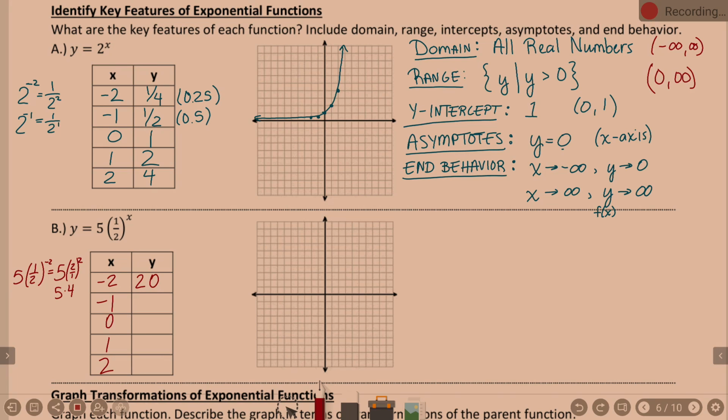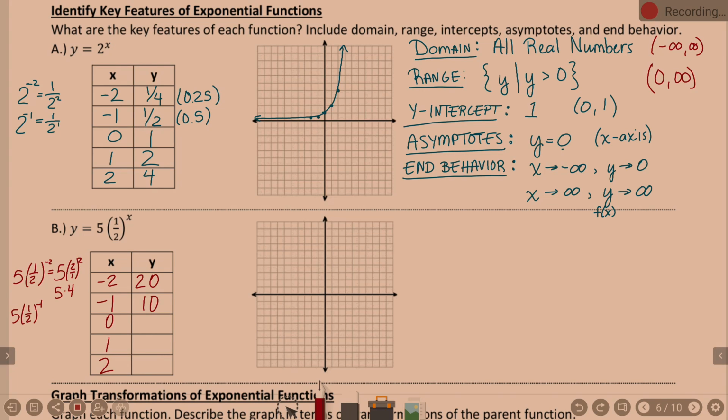So, could you plug in -1 that way? You can. I don't know if you guys saw what I did, but you can also arrow up. I can go over what I already typed, arrow over and change it. And so now I have it to -1. So what's my next answer? 10. Again, can we do that by hand? You can. 5 times 1/2 to the negative first.